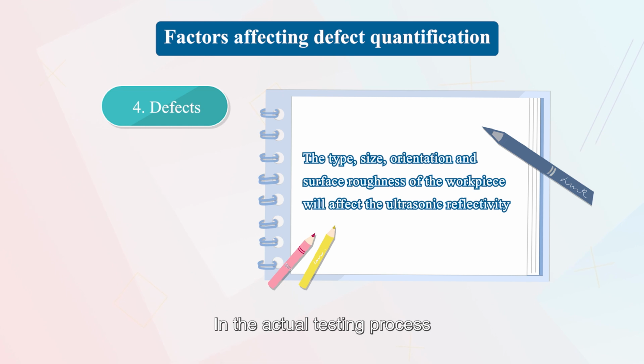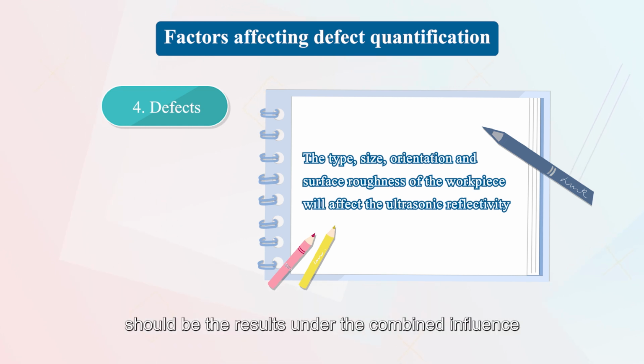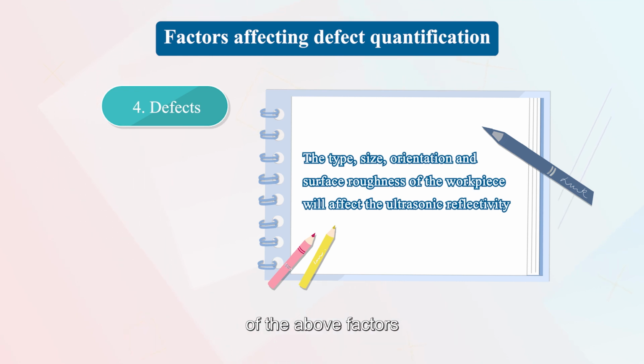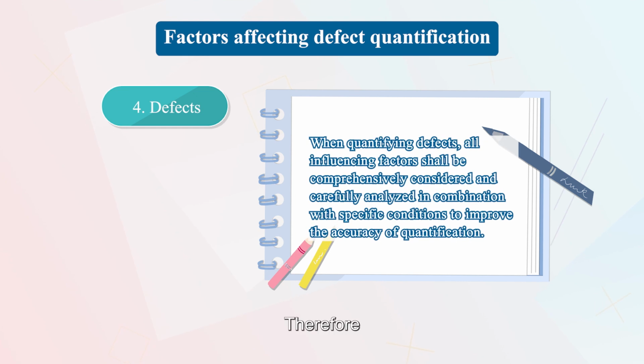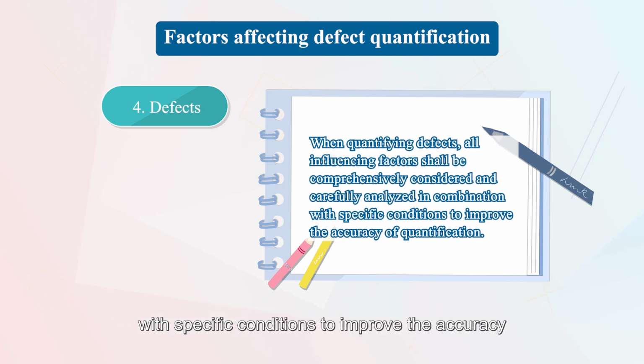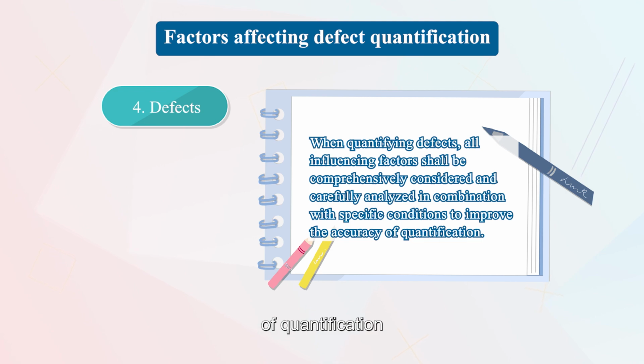In the actual testing process, the quantitative results of defects obtained should be the results under a combined influence of the above factors. Therefore, when quantifying defects, we should comprehensively consider various influencing factors and carefully analyze them in combination with specific conditions to improve accuracy of quantification.